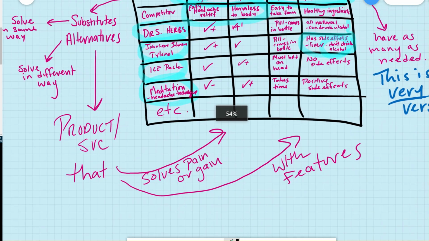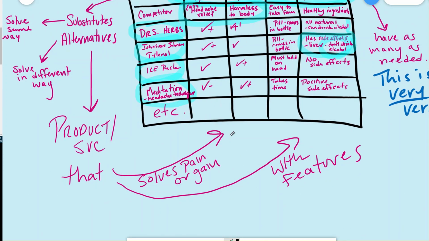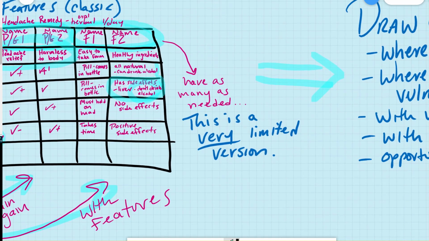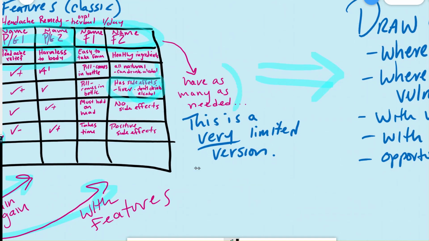And so these products or services will solve the pain or gain with these types of features. Again, you can do a much more expanded version of this, and you likely will. You can have as many of these as you need, because this is relatively limited, just for illustration purposes.